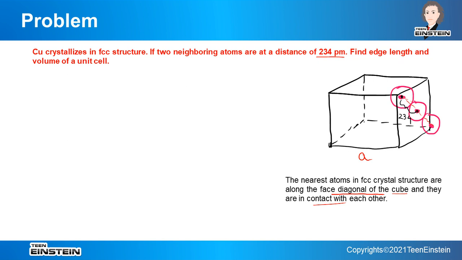But we also have to remember that from the center up to the circumference this distance is r, and this is also r. So basically 234 is equal to 2r. So we can write that 2r equals 234, where r is the atomic radius.